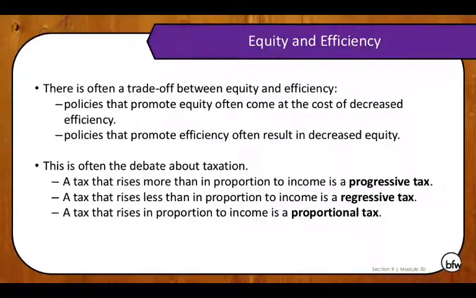The example that we use here of designated parking spaces that you find in your textbook for disabled persons is a great example of that. Designating handicapped parking spaces is not an efficient use of that space, but many people in society say, but that's fair for people who are disabled. So the market outcome of efficiency is not one that we desire. We desire more fairness than we do efficiency.